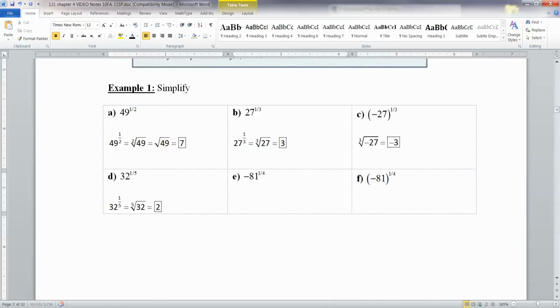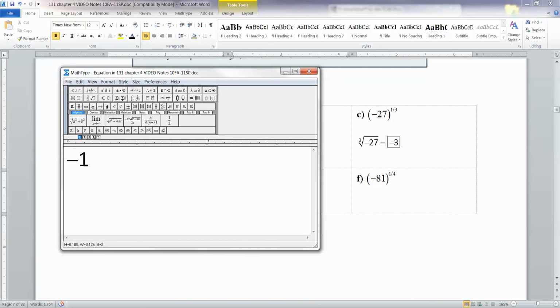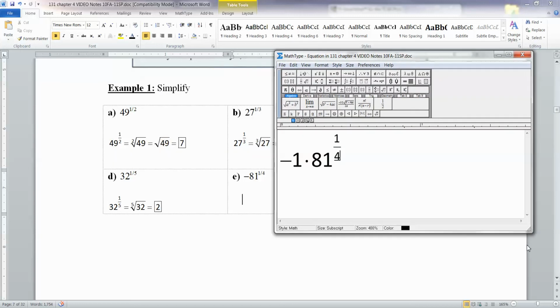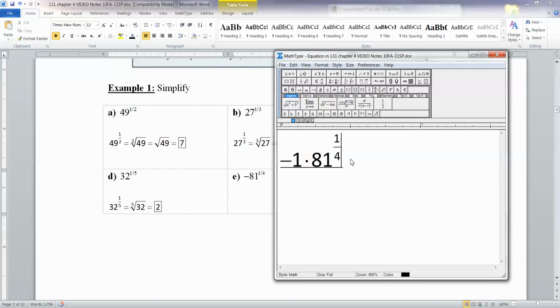All right, so let's do the next one. Negative 81 to the 1/4. So remember, that's really negative 1 times 81 to the 1/4. The only part that has the 4th power is actually the 81, because there's no parentheses, right?